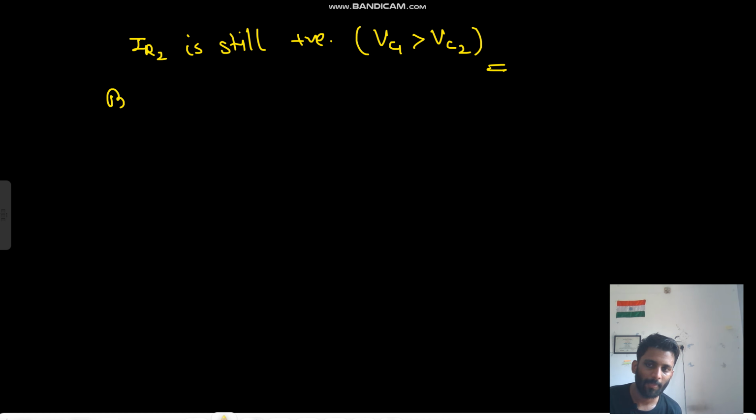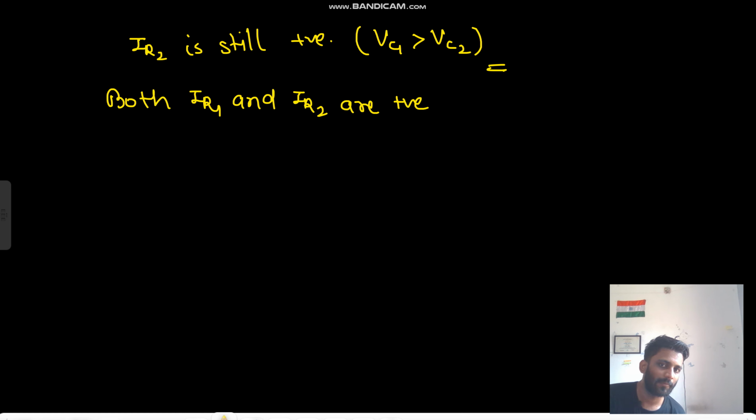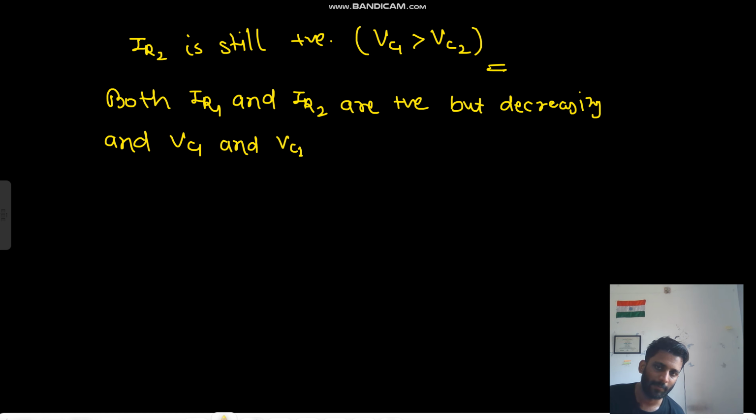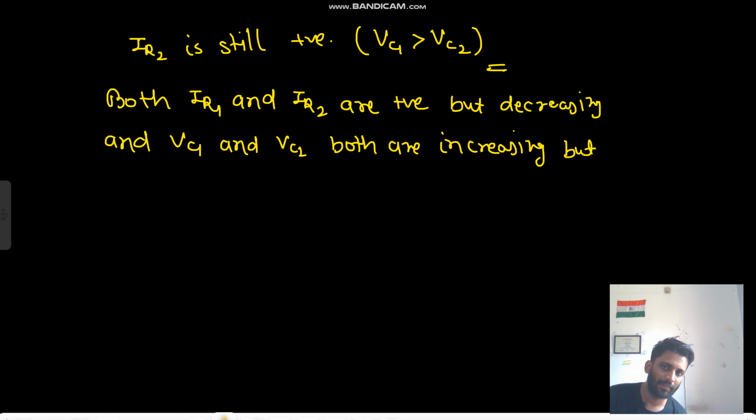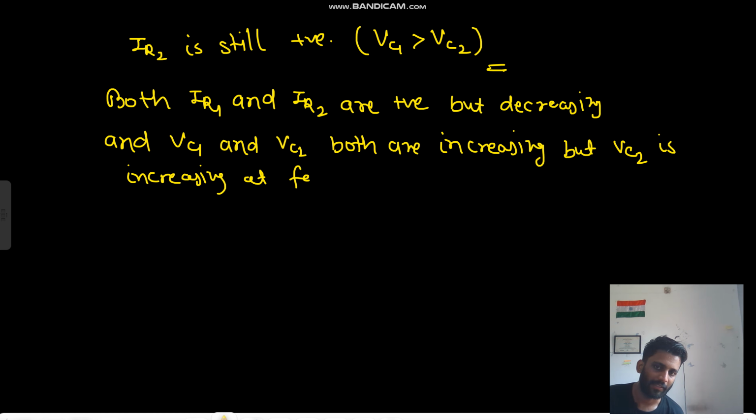So both IR1 and IR2 are positive but decreasing, and VC1 and VC2 both are increasing, but VC2 is increasing at a faster rate, right?